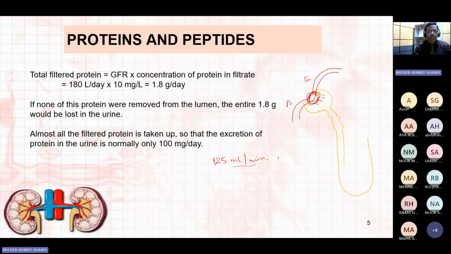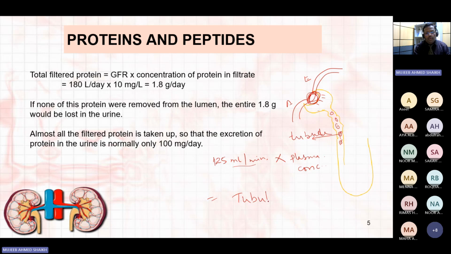If you multiply this with the plasma concentration of a particular substance, you will get the amount which is present in the tubule. This is known as the filtered load, or tubular load, of that particular substance.